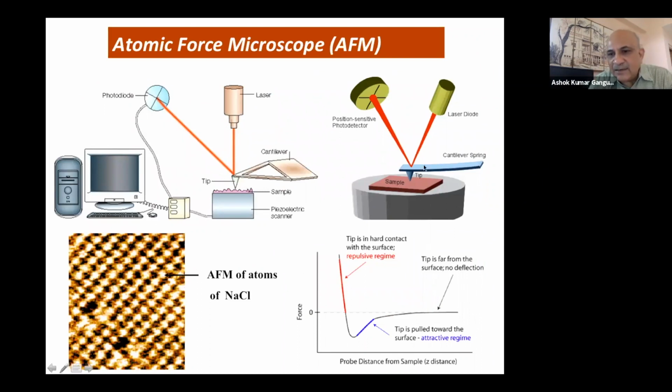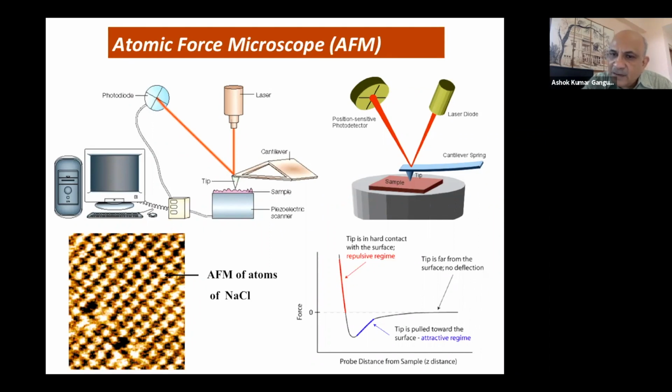It has a cantilever which moves on the surface, and the cantilever has a very fine tip. This tip is very, very fine, and it goes very close to any sample you want to study, and it measures the force between atoms. So the cantilever tip has some atom and the sample has some atom. It measures the very, very weak force, which we study in school and college as van der Waals forces.